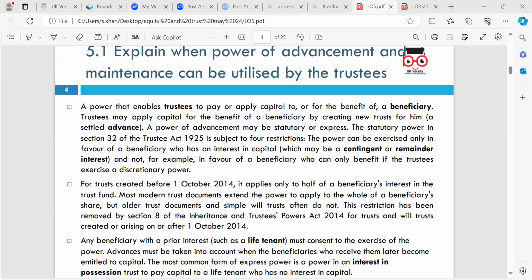The term advancement refers to both the act of bringing something forward, in this case the beneficiary's entitlement to capital, as well as the act of somehow advancing the beneficiary's position. The term was originally thought to be quite narrow and meant to advance a beneficiary's life somehow or help them to take a significant step in life.